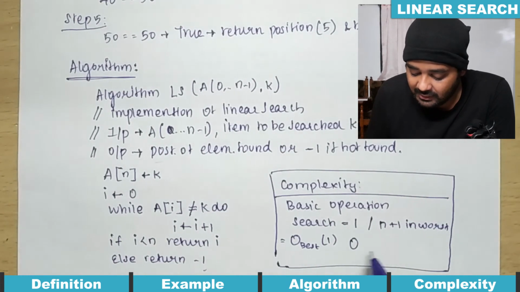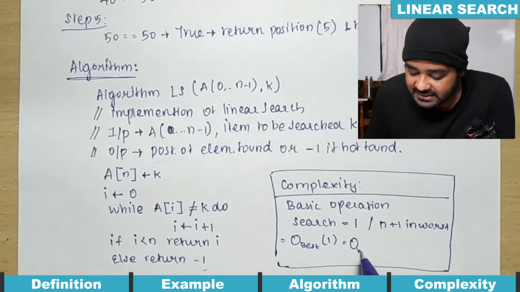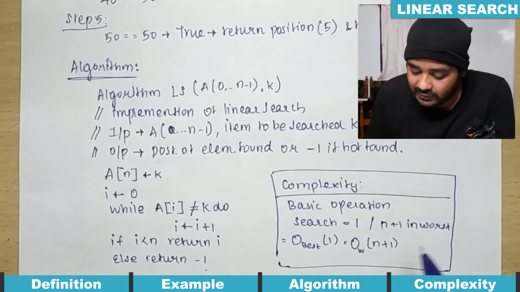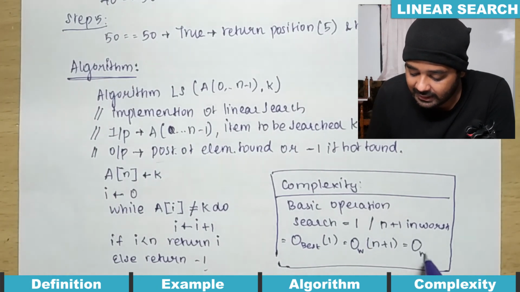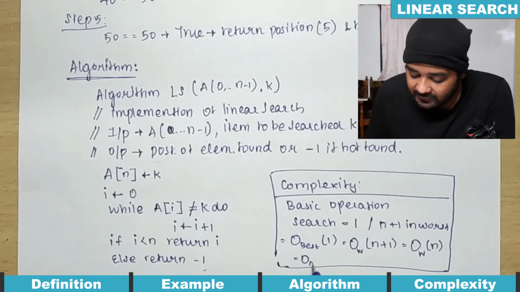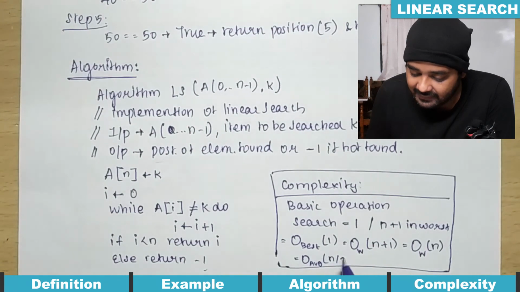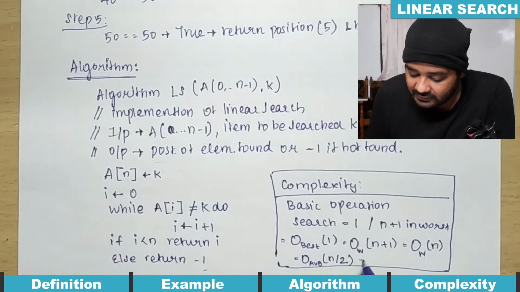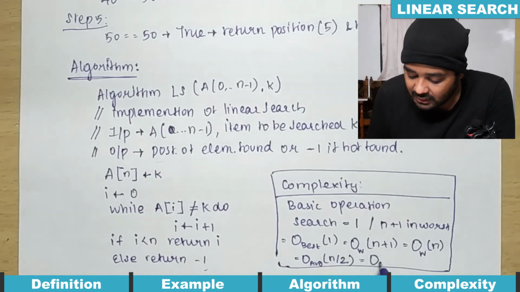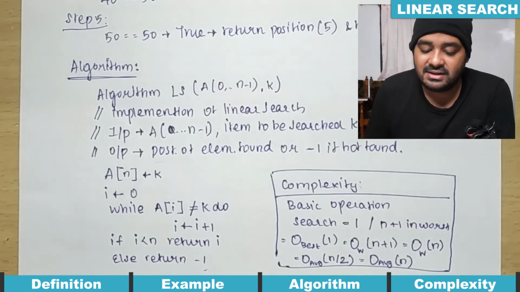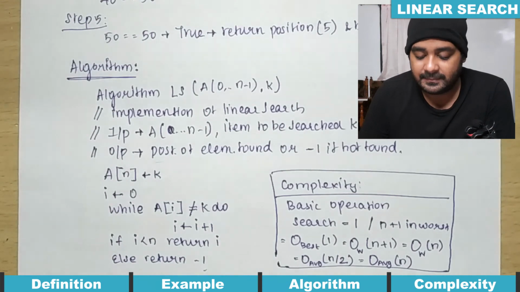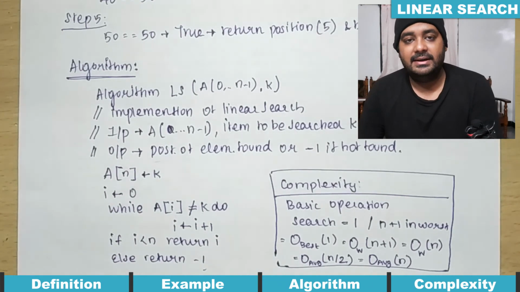And then big O of the worst case is n plus 1. Obviously you will ignore the constant, so it turns out to be big O of n. Similarly the big O of the average case will be something like n divided by 2, right? So you ignore the constants again, so it will be big O of n. So this is how your complexity turns out to be. So this is how your linear search works.